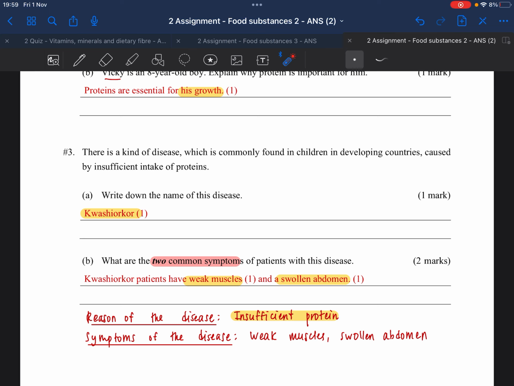A symptom is something that you can see in that person that will help you to identify the Kwashiorkor. For example, if we look at a child with a swollen abdomen and weak muscles, it can be seen that the patient is having Kwashiorkor. So these two must not be confused: reason of the disease and symptoms of the disease.